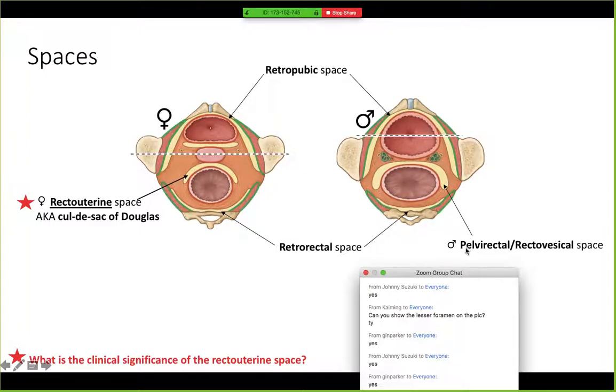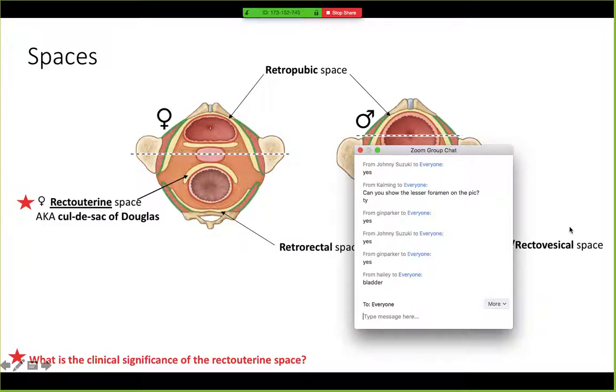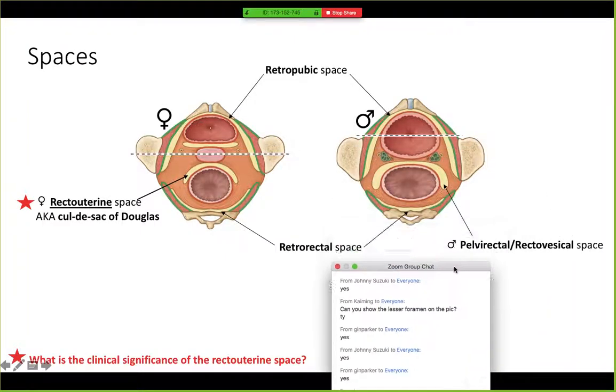And then in the male, you have a pelvirectal, or also known as rectovesical space. So what does this word right here mean? Vesical? Right, bladder.